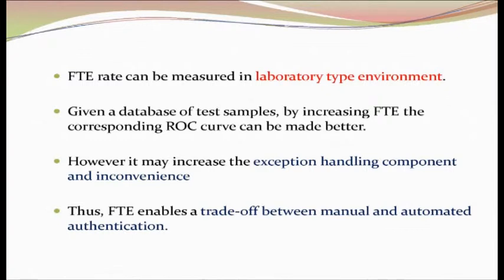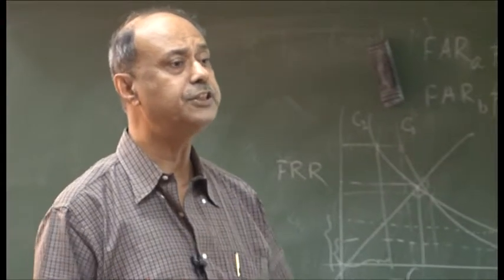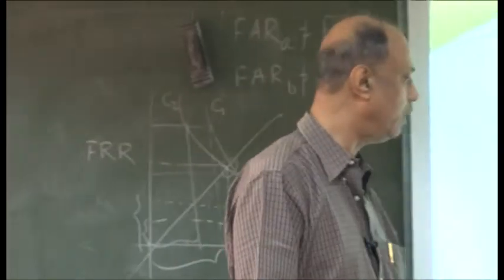The cost will increase because manually you will be enrolling them, or making that yes or no decision to identify the person, or there is a chance of making mistakes, or a chance of coming through an improper channel will be more. All those issues will come. So this failure to enrollment plays an important role in creating the trade-off relationship between the manual and automated system.